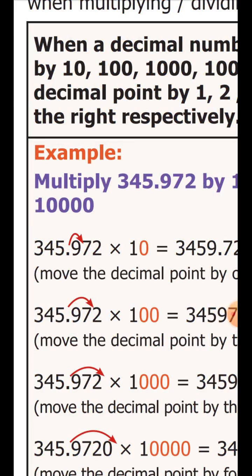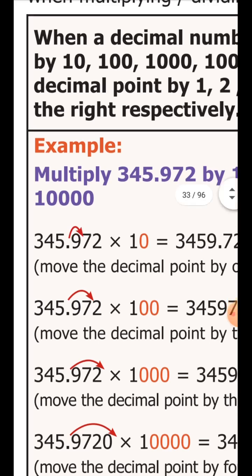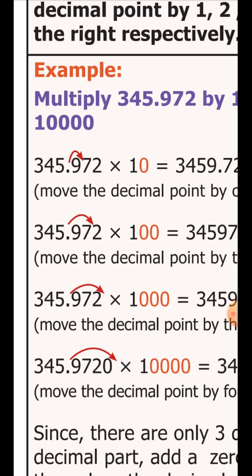So 345.972 multiplied by 10: 10 has only one zero, so move the dot one place and put the point after that number. Now look at multiplying the same decimal number by 100. How many zeros are there in 100?